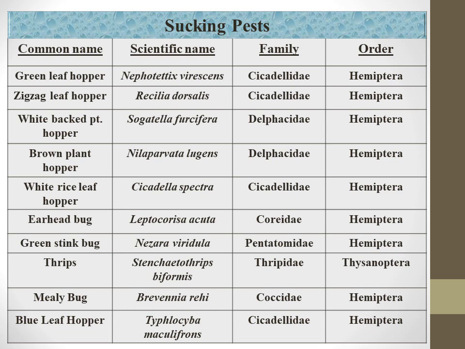Mostly the sucking pests belong to the order Hemiptera, and some belong to other orders like Thysanoptera. Several families are associated with these sucking pests, like Cicadellidae, Delphacidae, Coreidae and Pentatomidae, several families of Hemiptera.